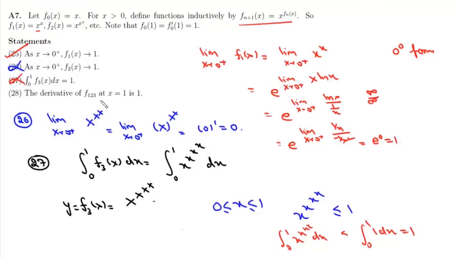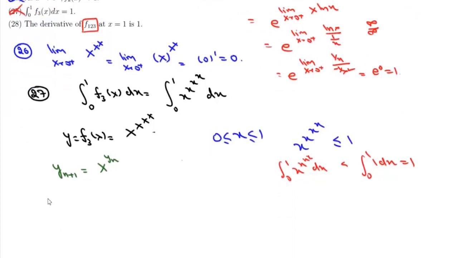Now this 28 is the derivative of f123 at x equals 1. Now here we are given that f(n+1)(x) equals x to the power fn(x). So basically y(n+1) is equal to x to the power yn, and if we take log and differentiate, we can write this as log y(n+1) is yn log x.